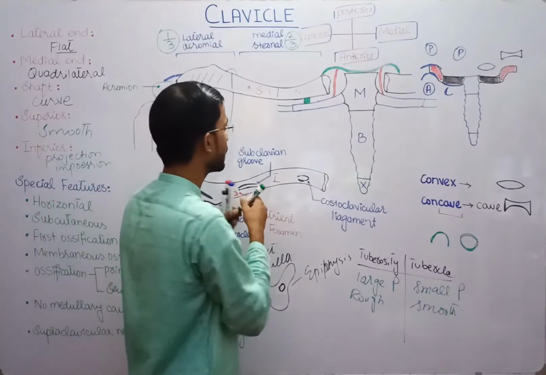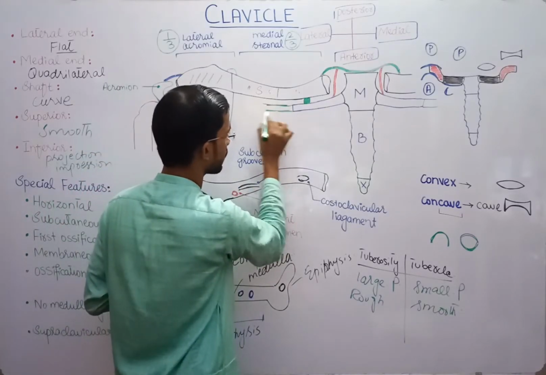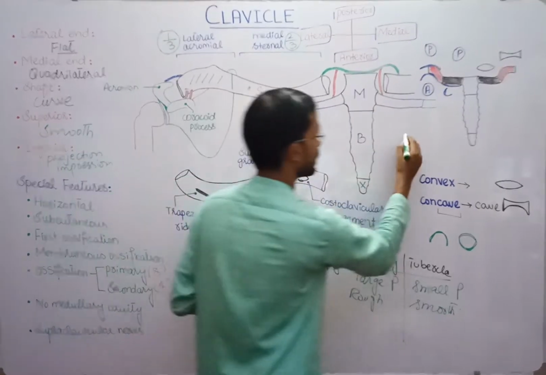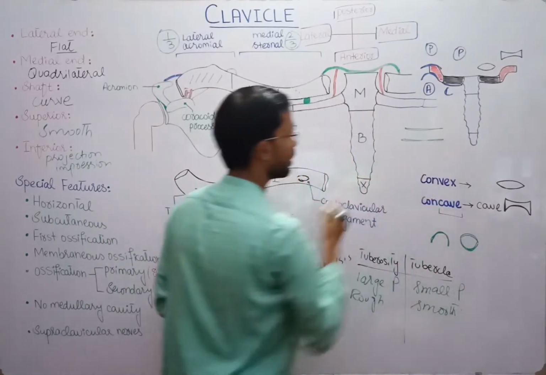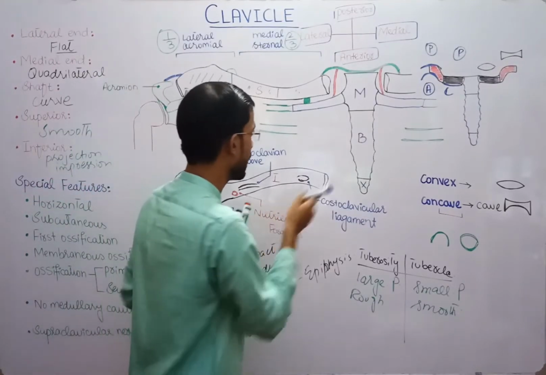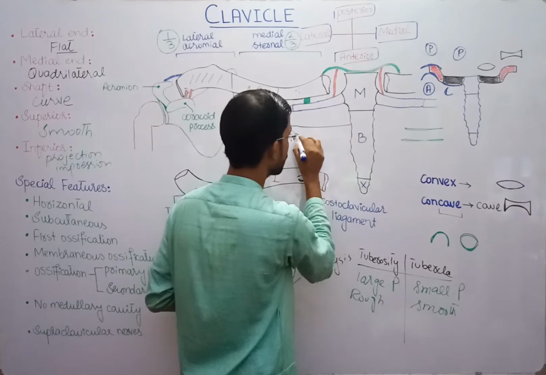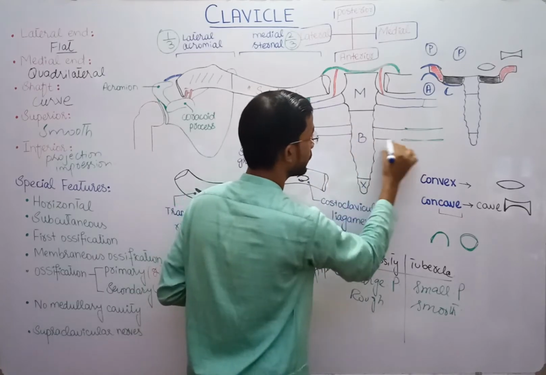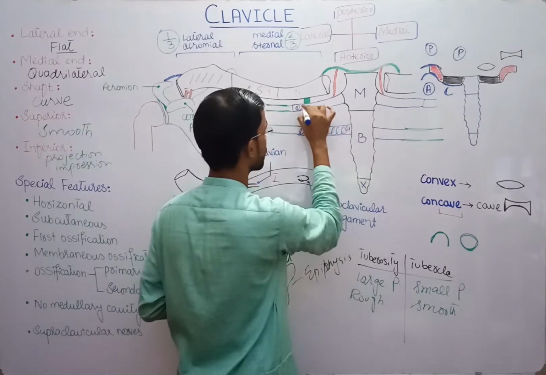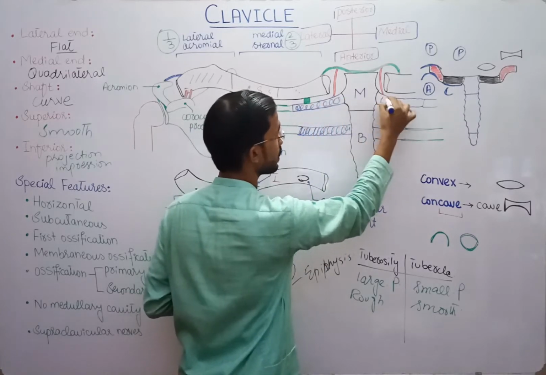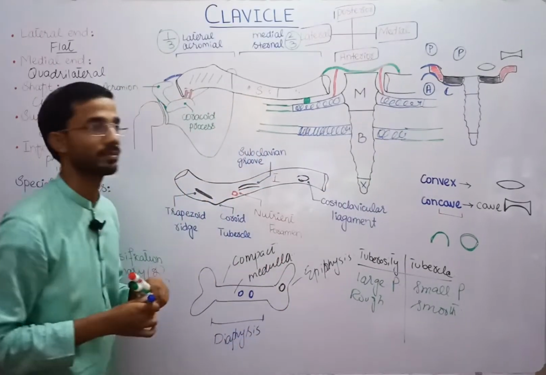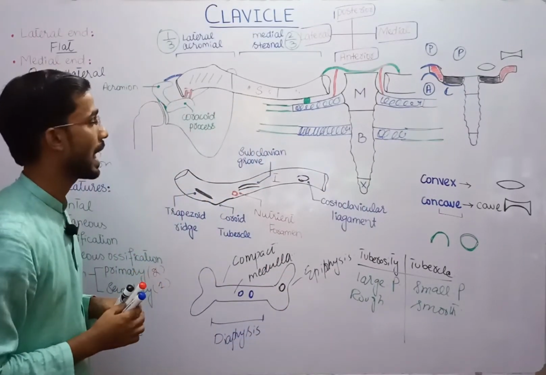Here you can see this green portion. Ribs are attached to the sternum through the costal cartilage. These are the costal cartilages.